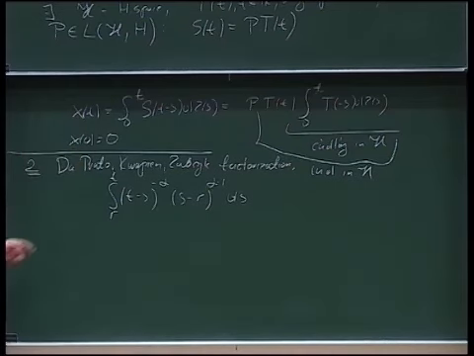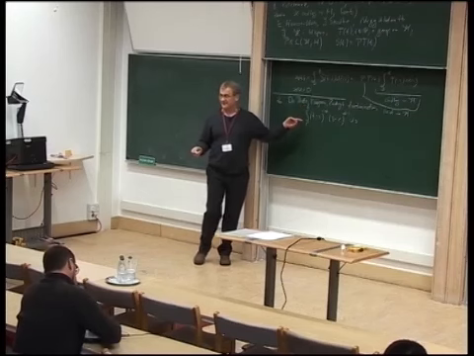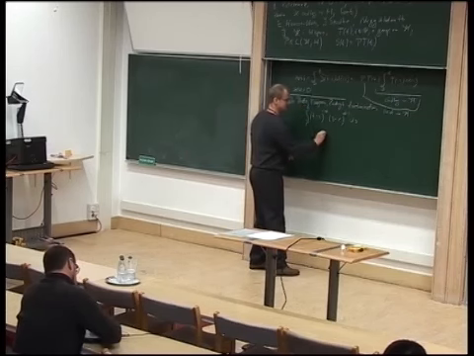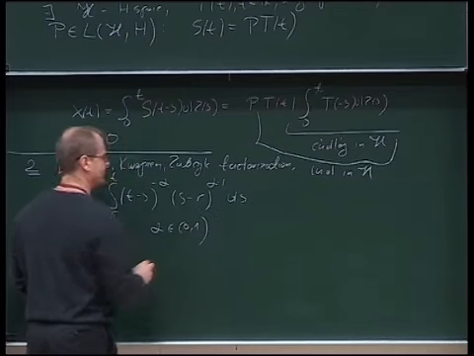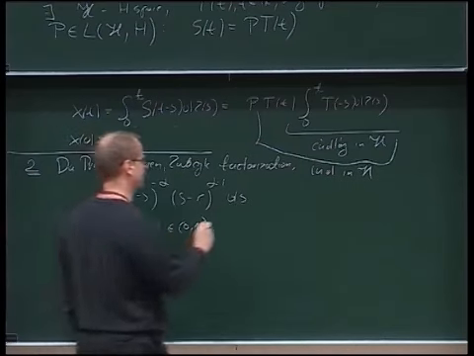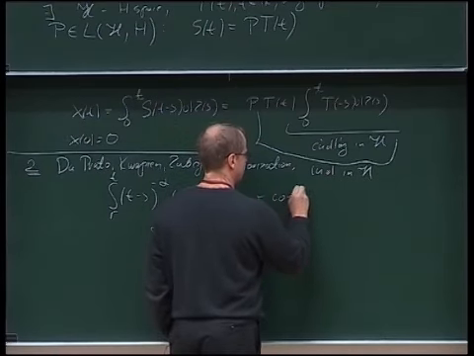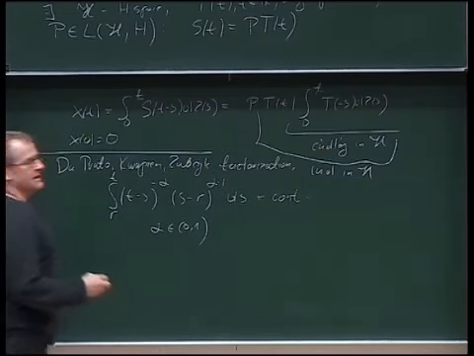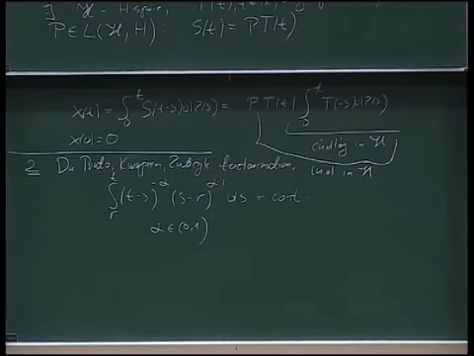It does not depend on r or t if alpha is in (0,1). And the second is the Fubini theorem, that we can interchange stochastic and deterministic integration.